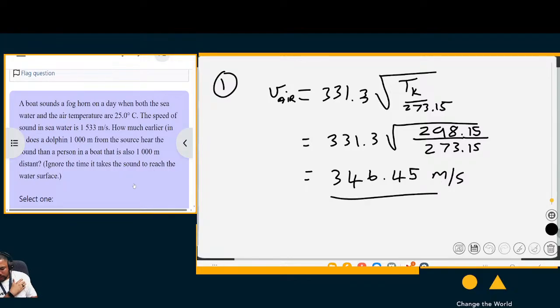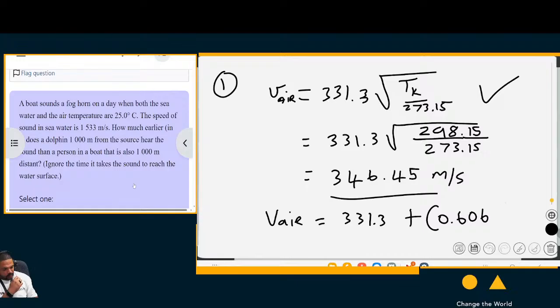The formula I used is the same formula. It's just been simplified. V_air is equal to 331.3, plus 0.606 from thermal physics multiplied by the temperature.